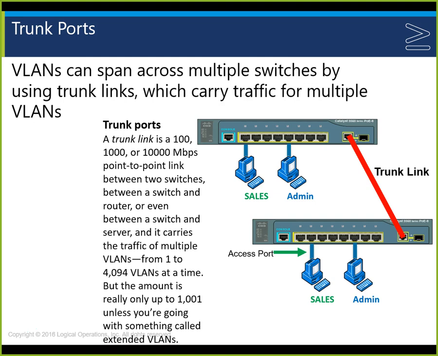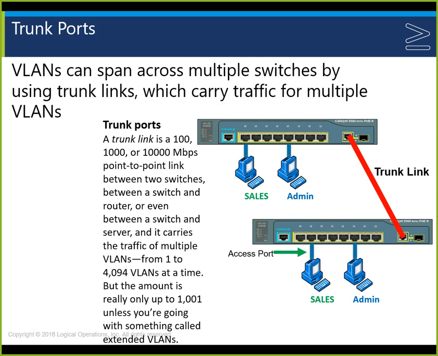As the data from a VLAN, the sales VLAN, is in the access port, if it needs to go off of the switch onto the trunk port, it's tagged with its VLAN number as it leaves the switch. When it gets to the other switch, that tag is stripped out and it's sent to the VLAN that was on the tag. So sales VLAN, maybe VLAN 12.